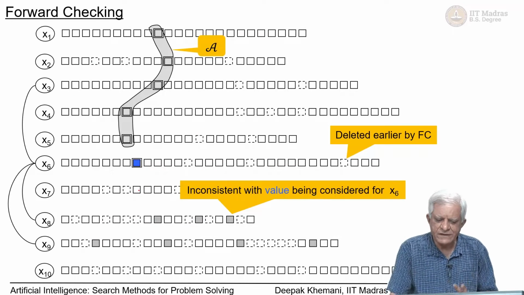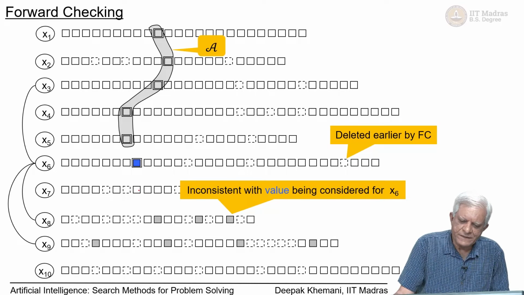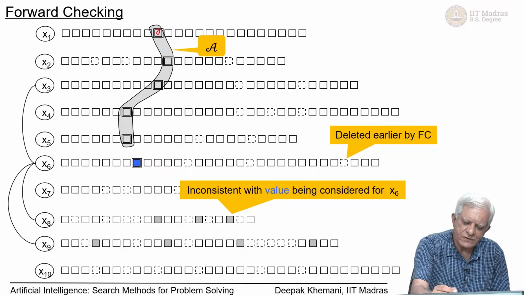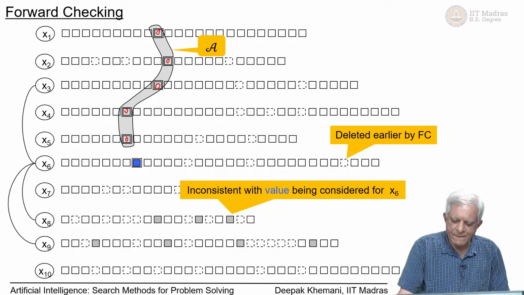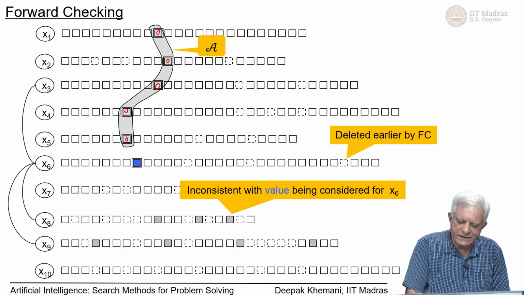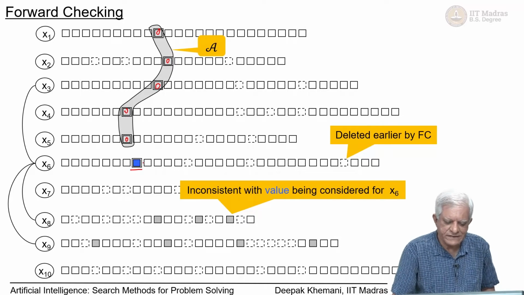So, this kind of figure illustrates this whole process. The shaded shape that you can see has got these 4 values, and this is the partial assignment that has been considered so far essentially. Now, this blue node is the one that you are considering for variable 6.